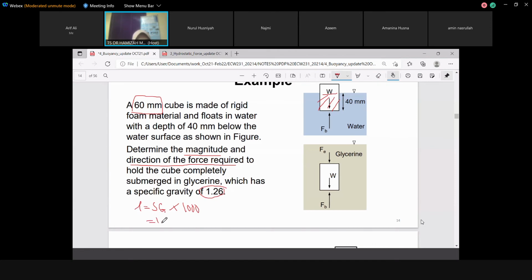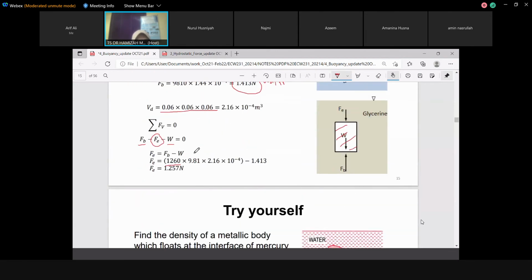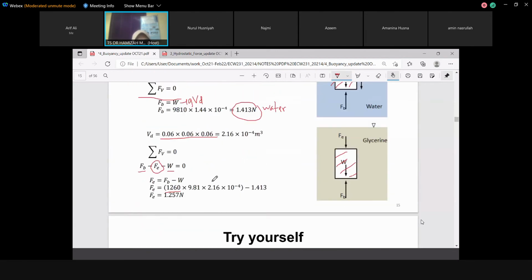So 1.26 darab 1000. So you get 1260. Substitute into this one, 9.81. This is V object ataupun V object lah total. So 2.16. Okay, and then we can have the FE.